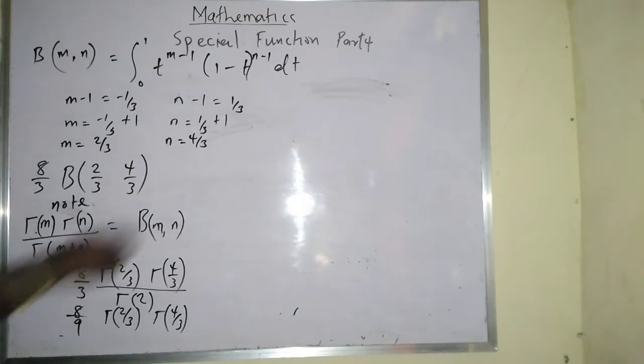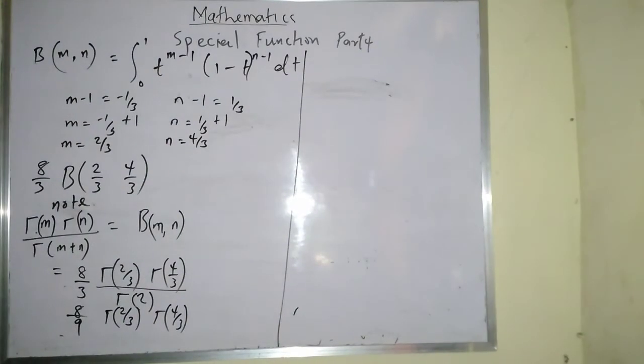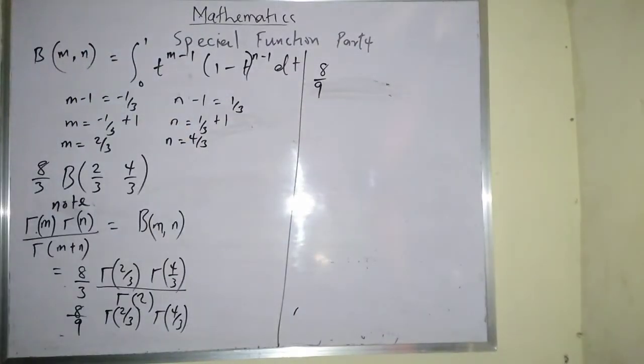Now, since I have that, I can move on by having my problem solved by having a function this way. It will be equal to 8 all over 9. My gamma of 3, it will be gamma of this.